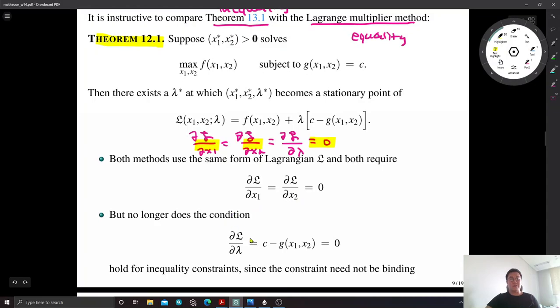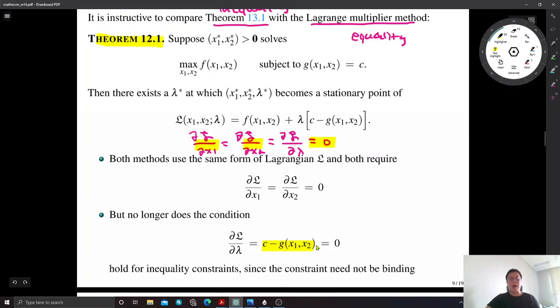But the difference is the third condition. In the Lagrangian multiplier method, the derivative of the Lagrangian with respect to the Lagrange multiplier is equal to 0. If we take the derivative of the Lagrangian with respect to lambda, we get the constraint. So the stationary point with respect to lambda requires that the constraint must be binding.